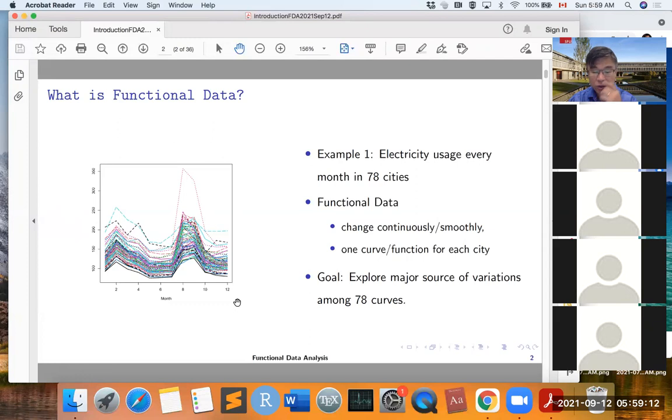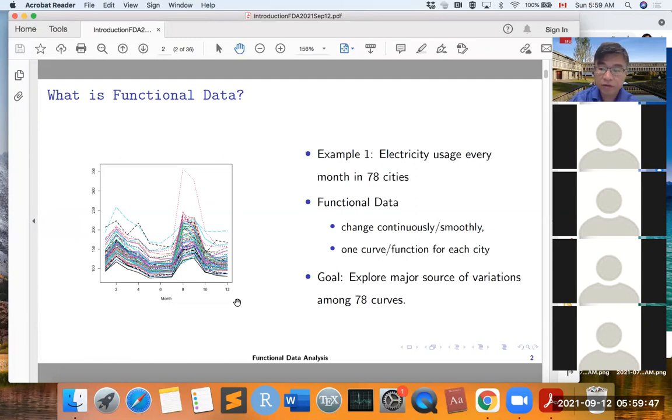For this data set, we call it functional data because the electricity usage can be treated as a function of the month, or a function of time. Also, we assume that the electricity usage changes continuously or smoothly.